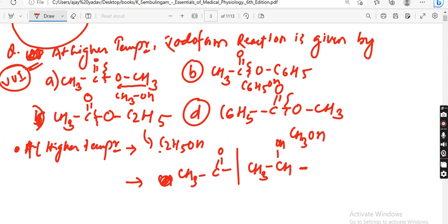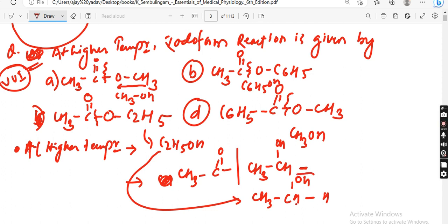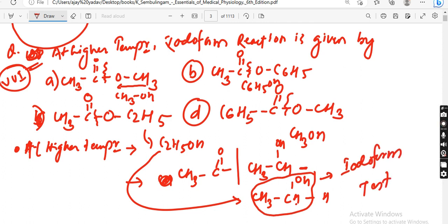If we make this structure over here, this gives us CH3CHOH. So this one will give you the iodoform test. This won't give the iodoform test, this won't, and this will also not give it. Only this one will give iodoform. So option C gives the iodoform test. This is a very important question.